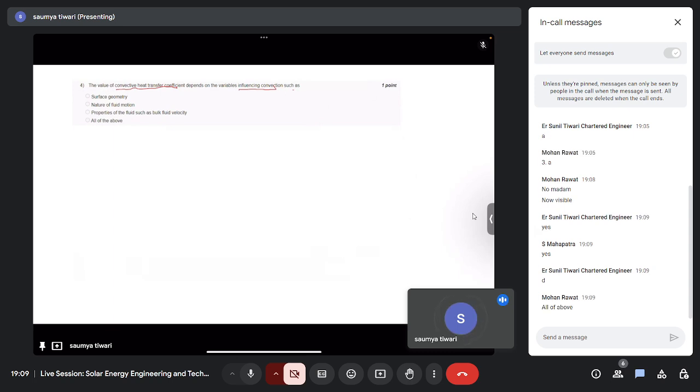Okay, I've got the answer for it. D, all of the above, which is correct because the convective heat transfer depends on surface geometry also. What is the nature of the fluid motion? What is the bulk fluid velocity? So all these parameters are important and influence the convective heat transfer coefficient, this h value.